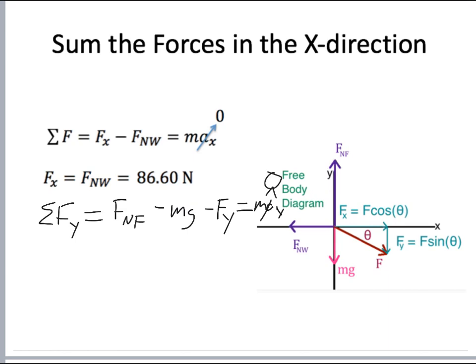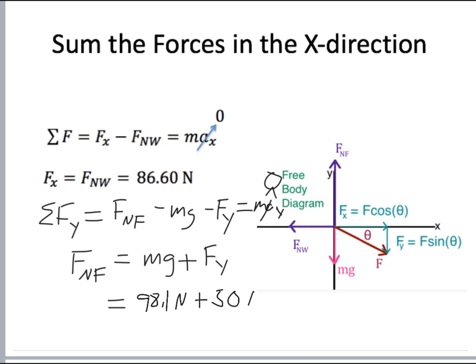And so we can solve for Fn with the floor, the normal force of the floor, and that's going to be mg plus Fy, and we can plug in those values. That is 98.1 newtons plus 50 newtons, and so that gives us that the normal force with the floor is equal to 148.1 newtons.